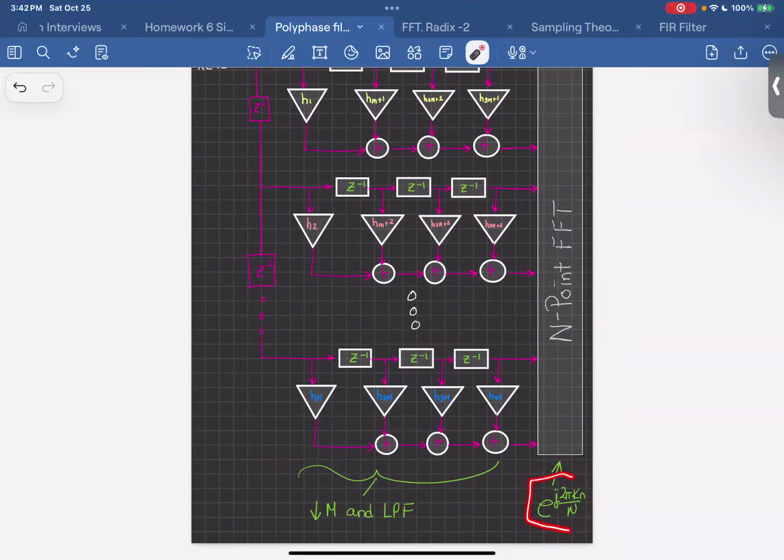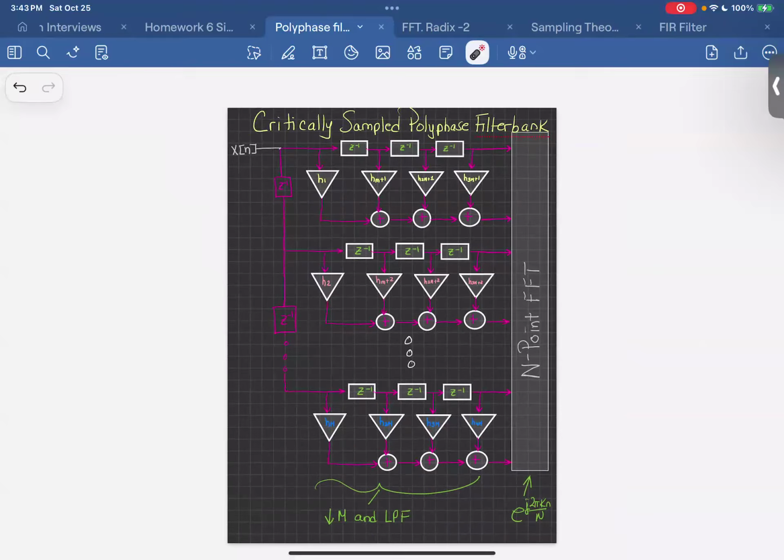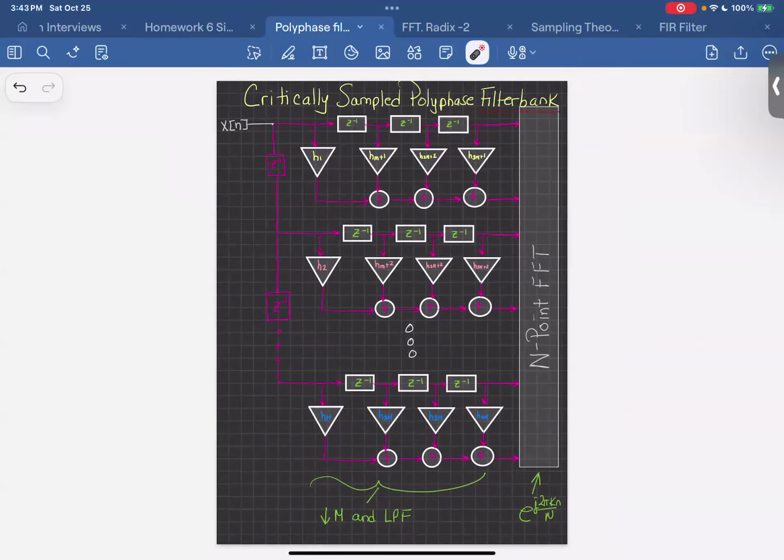This is like your LO. This is your LO. Okay. And this is your downsampling plus your low pass filter. This is your DDC for the Polyphase filter bank.